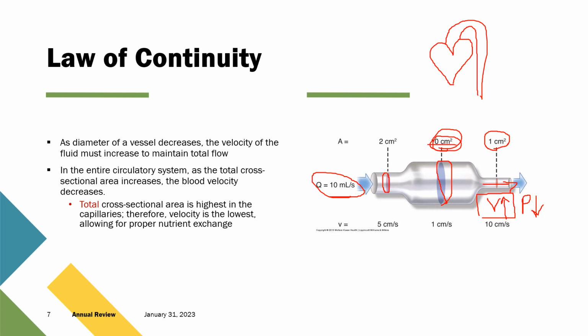Well, the trick to this is that when we're calculating the area of our vessels, when I look at the aorta, there's only one aorta. When I calculate its diameter, I could simply do that by measuring the diameter of the aorta. Now, as that aorta bifurcates, say, into my iliacs, I have to consider the diameter of these smaller vessels.